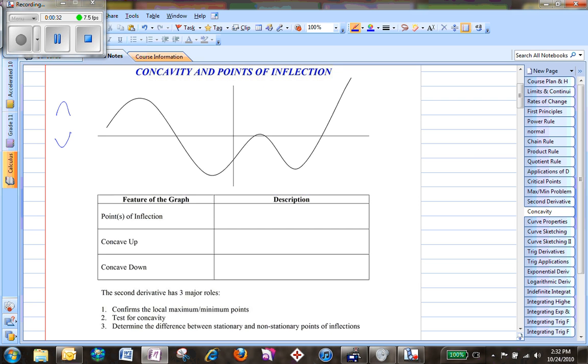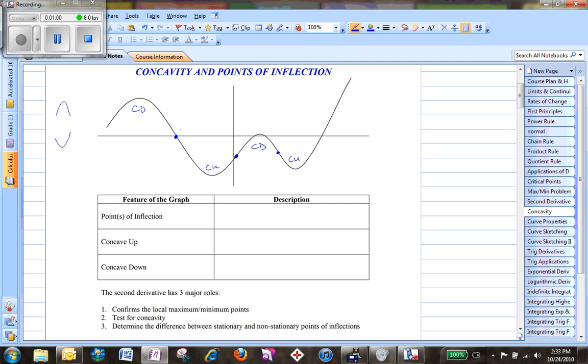So if I was to mark the areas where it's concave down here, and it's concave up here and here. Where it changes concavity, so from concave down to concave up, or from concave up to concave down, you have things called points of inflection. So for example, there's one here, there's one here, and there's one here.